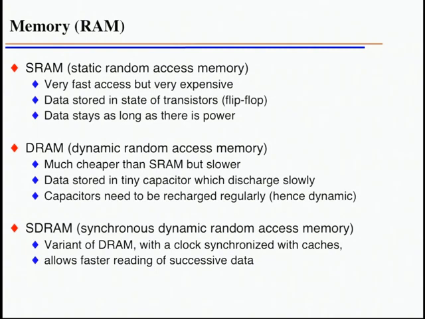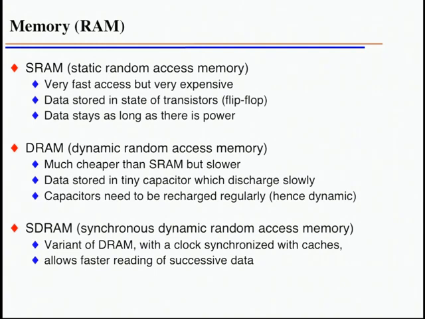Compared to that, there's the dynamic random access memory, DRAM, which is a lot cheaper than the SRAM, but unfortunately also slower. In DRAM, the data is stored in capacitors, which will, of course, discharge if you just let them stay somewhere. So they need to be recharged regularly, and that's the reason why this type of RAM is called dynamic RAM.